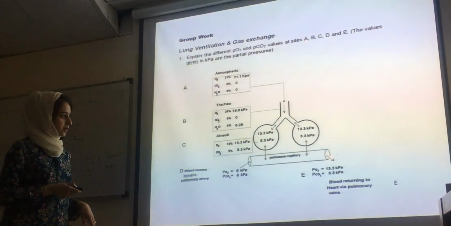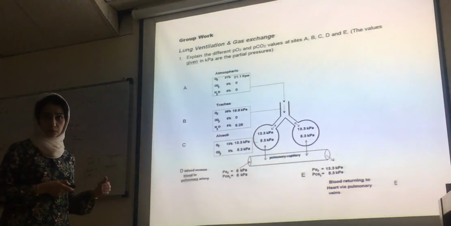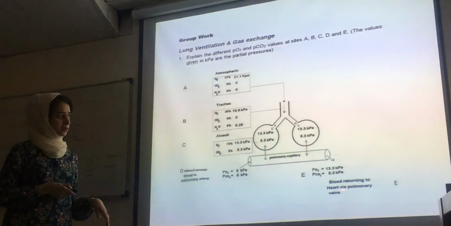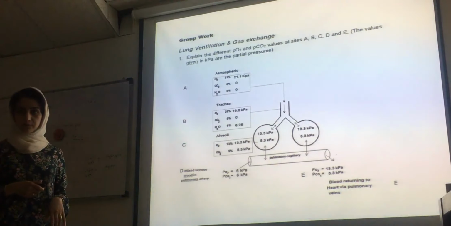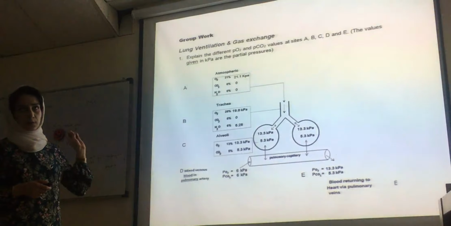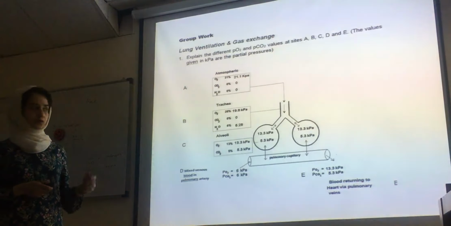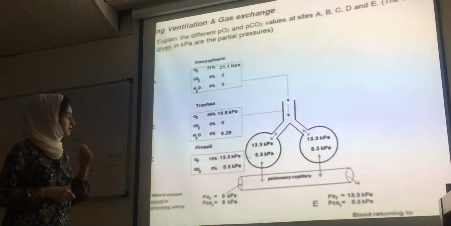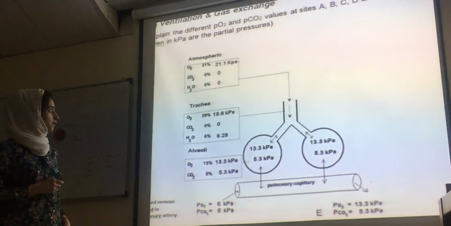So in this part, which is important, this is arterial blood, although it's from the pulmonary vein. This blood is returned to the heart via the pulmonary vein in order to be pumped to the tissue from the left side of the heart by the aorta. So that's why these are all different.